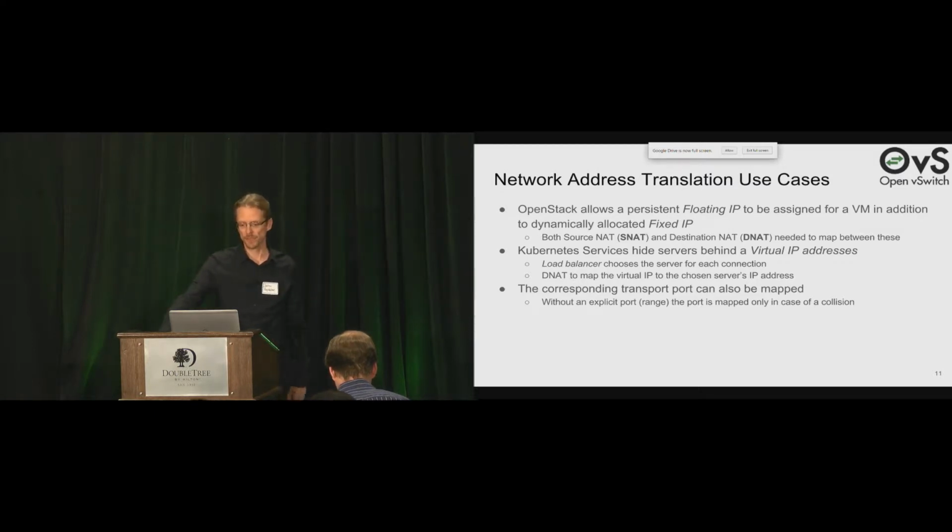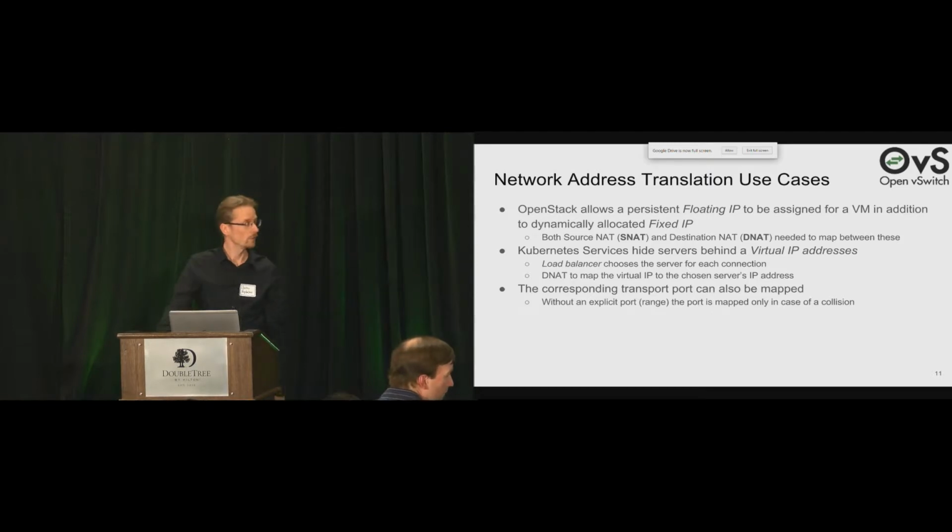So that's where the names come from. All NATed connections actually need both transformations. So in the original direction, for example, if the source address is NATed, then in the return direction, the corresponding destination address will need to be transformed back to the original address.